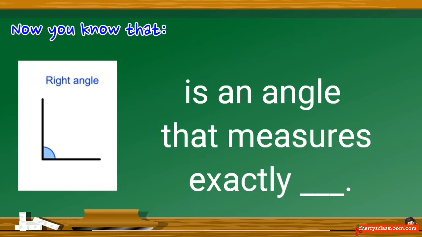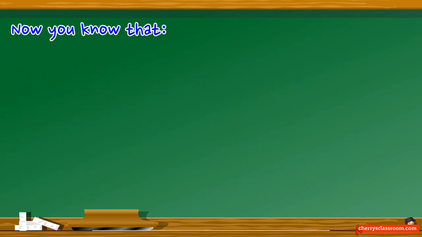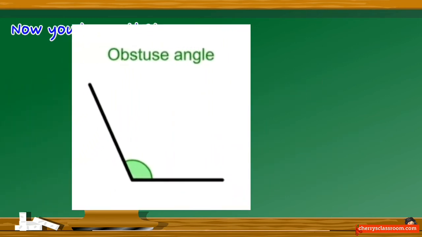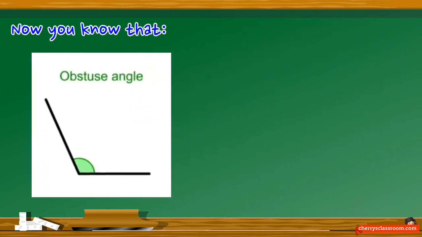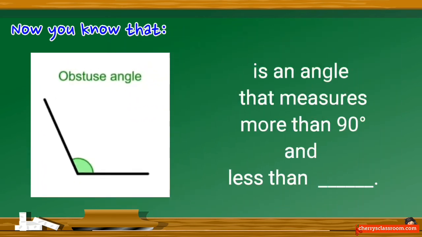Right angle is an angle that measures exactly 90 degrees. Obtuse angle is an angle that measures more than 90 degrees and less than 180 degrees.